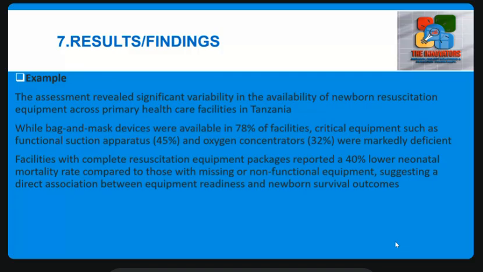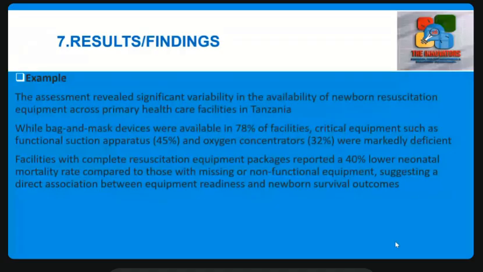While bag masks and devices were available in 78% of the facilities, critical equipment such as a functional suctioning apparatus was available in 45% and the oxygen concentrator was available in 32%. Facilities with a complete resuscitation equipment package reported 40% lower mortality rate compared with those with missing or non-functional equipment, suggesting a direct association between equipment readiness and neonatal survival outcome.